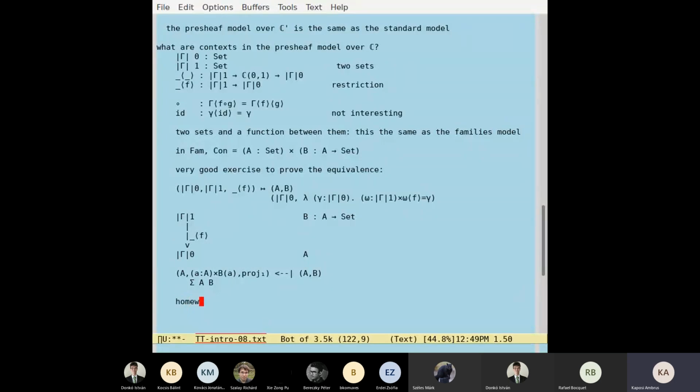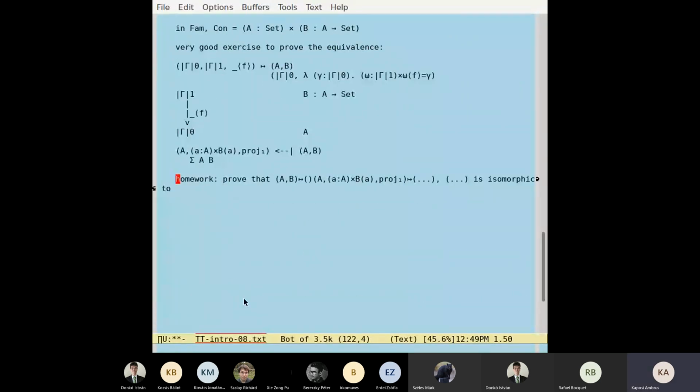Okay, so homework. Prove that A, B, and then you get this, and then you get something, and something is isomorphic to A, comma B. Okay, so what is an isomorphism between a set and a family over it?